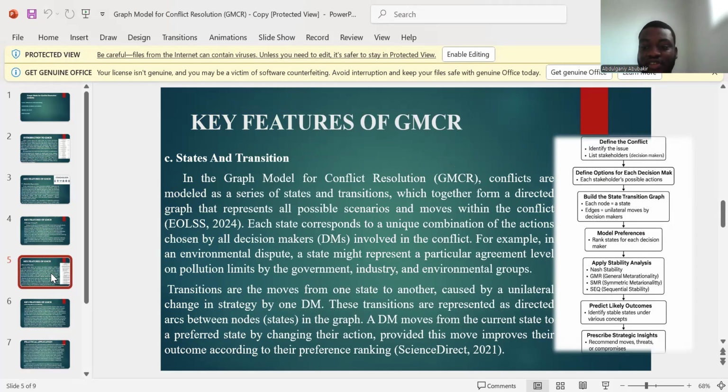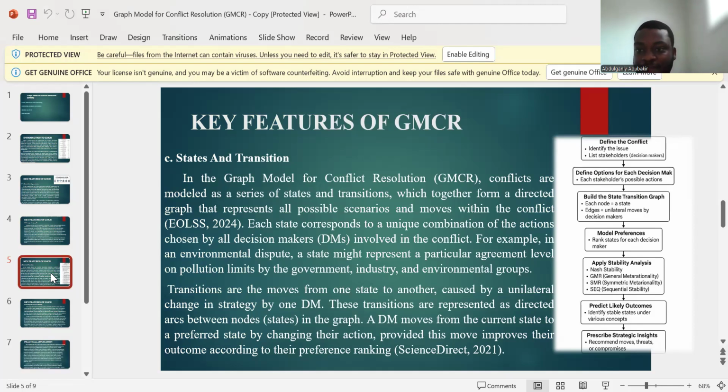So in an environmental dispute, for example, the particular agreement level, like the level they've gotten to in the pollution of the environment, is the strategy of the government, the strategy of the industry, the strategy of the environmental groups, the strategy of those living around the environment. A combination of all strategies is what a state is all about.